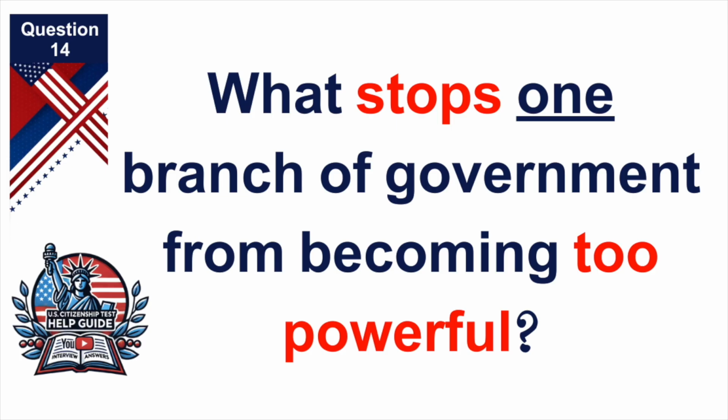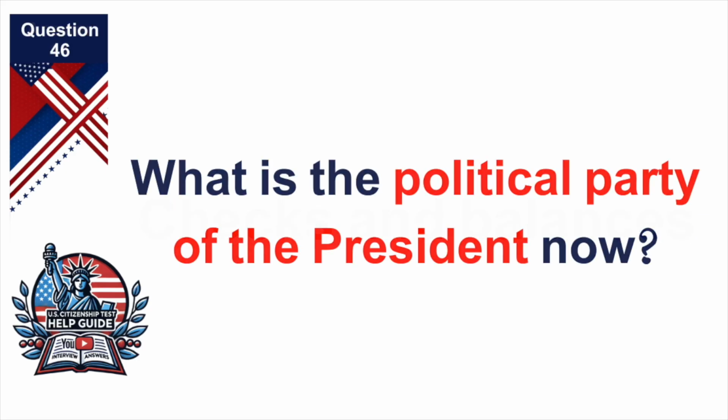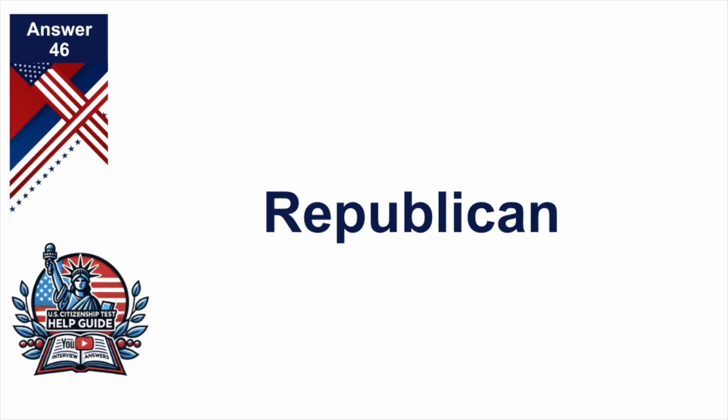What stops one branch of government from becoming too powerful? Checks and balances. What is the political party of the president now? Republican.